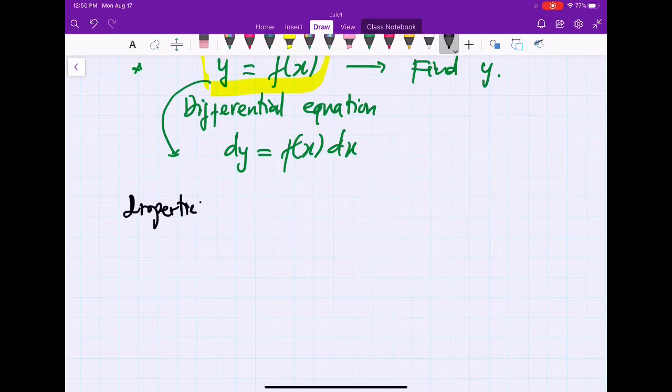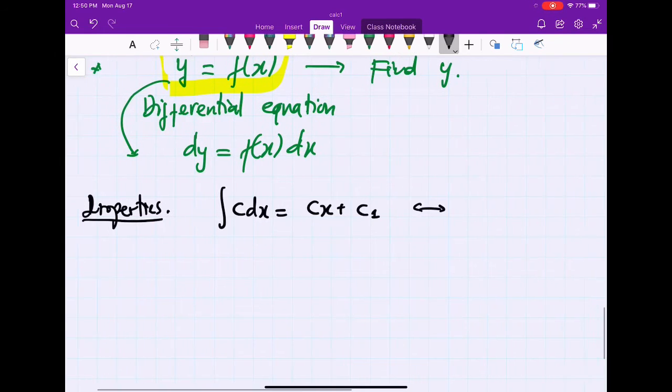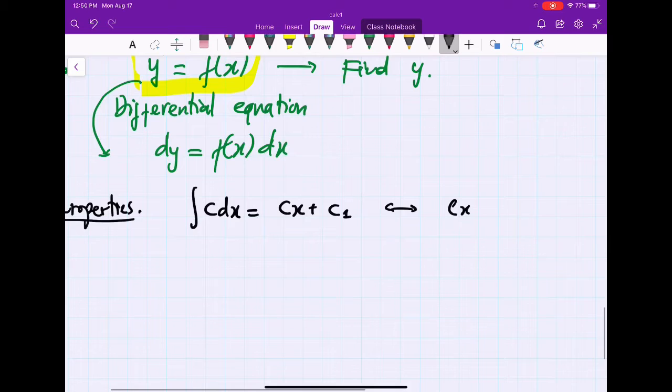As we have seen, the antiderivative of c dx is just cx plus another constant, let's say c1, and this comes from the derivative of cx plus c1 being just equal to c.